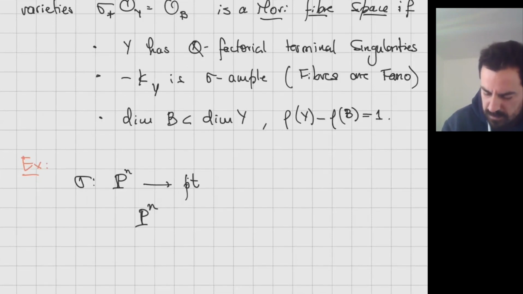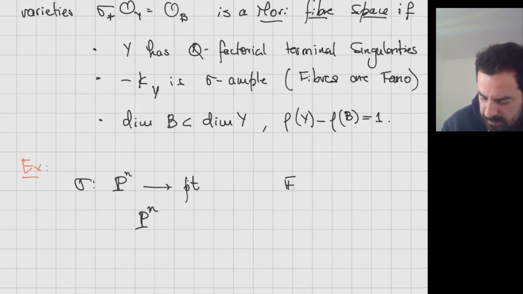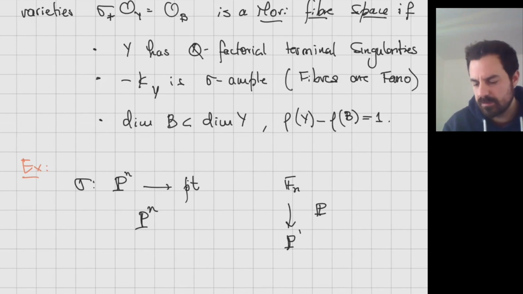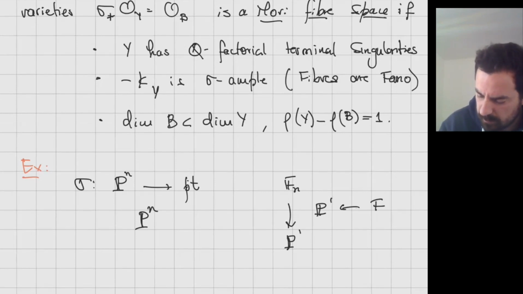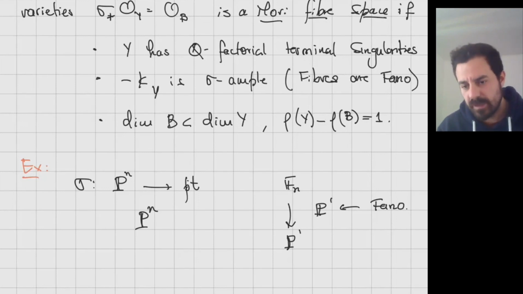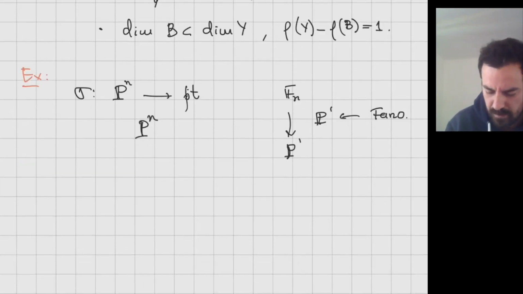Another example we've seen is these Hirzebruch surfaces. I've defined it before. These have morphisms to P1, and the fibers are also P1. So they have a P1 bundle over P1. So fibers are P1, so they are Fano. And the relative Picard rank is also 1.